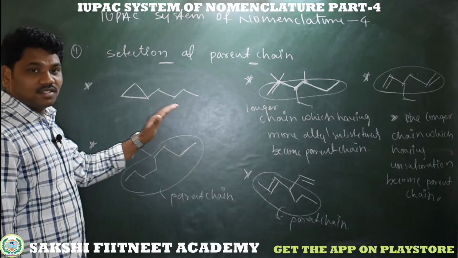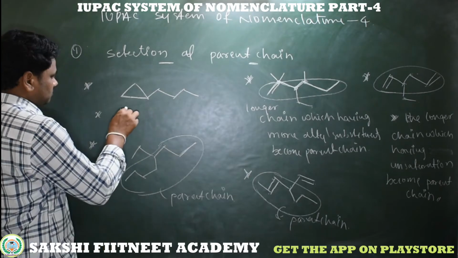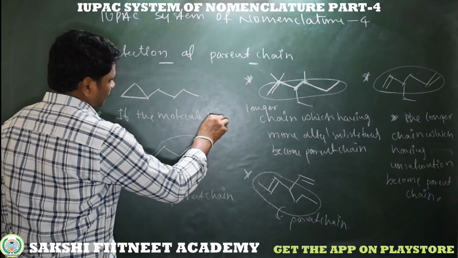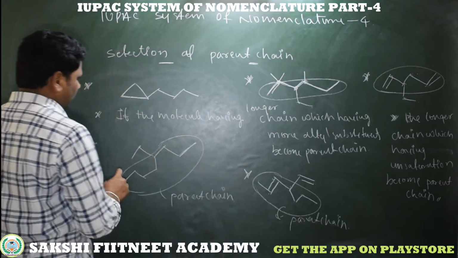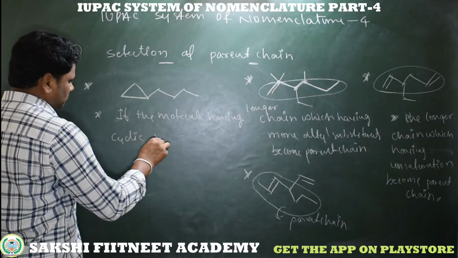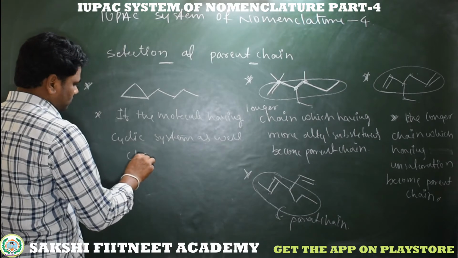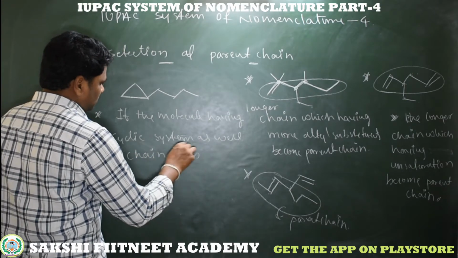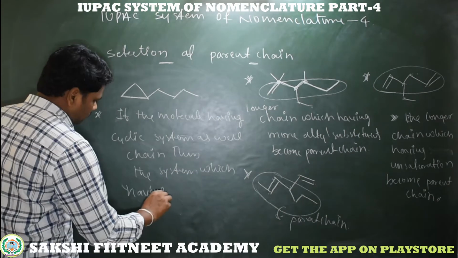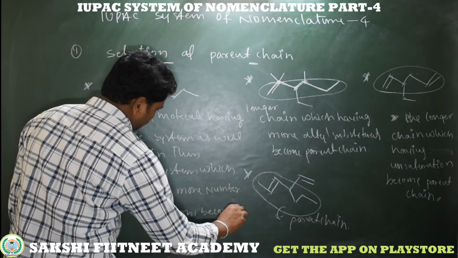If the molecule has a cyclic system as well as a chain, then simply the system which has more carbons becomes the parent chain.